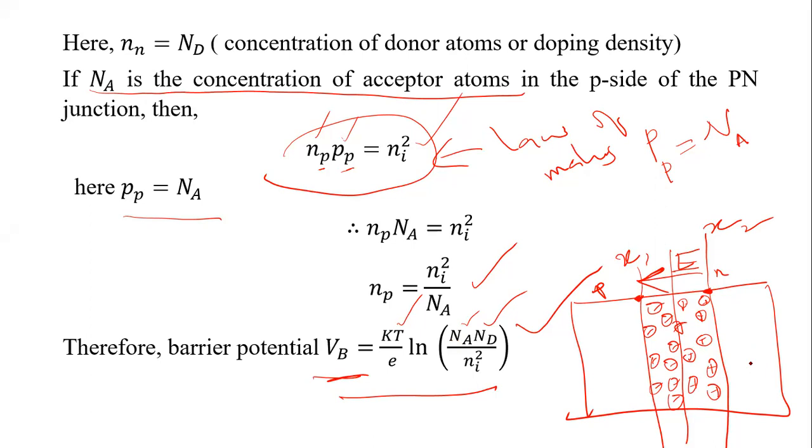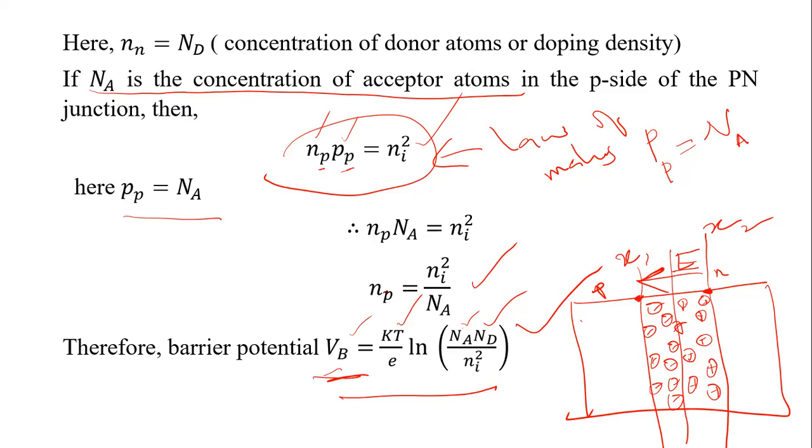So that means if you increase the doping concentration, NA and ND values will increase. Doping concentration increase means you are putting large quantities of trivalent atoms and large quantities of pentavalent atoms. So if you are putting more trivalent and pentavalent atoms per unit volume in the p side and the n side respectively, then the potential barrier developed across the p-n junction, which we call barrier potential, will increase.